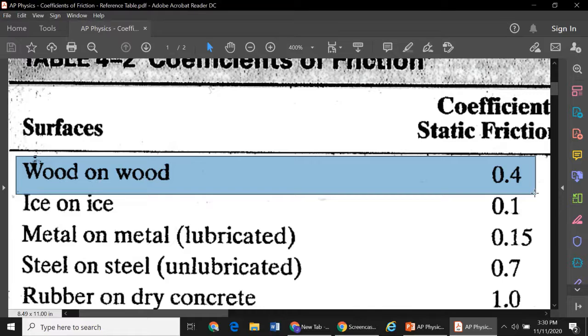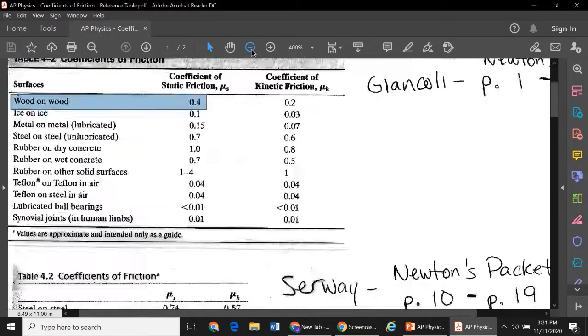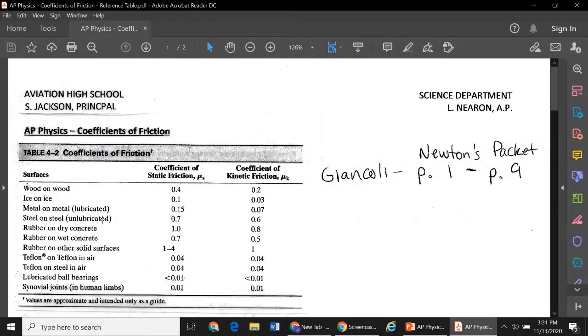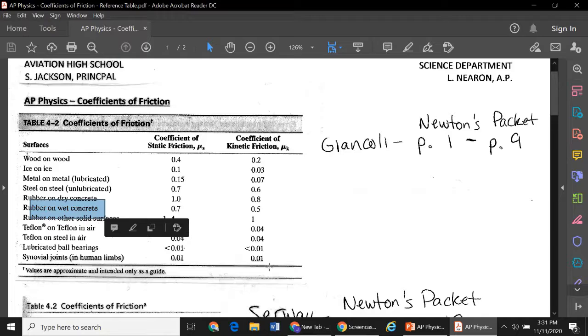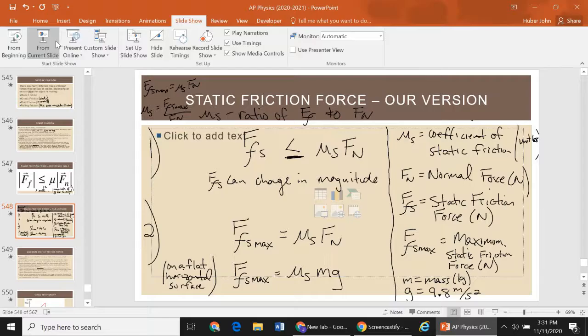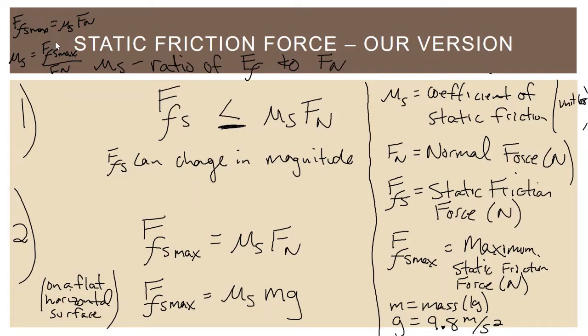What the coefficient of friction being 0.4 means is that the friction force supplied by the wooden table is 40% of the normal force supplied by the wooden table. That's it. So when you have homework problems and you see that the textbook lists objects, like a rubber whatever on a wet concrete whatever, you just use that number in that chart.